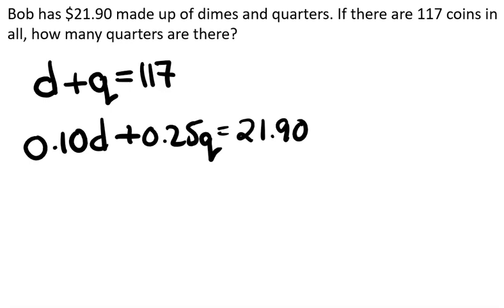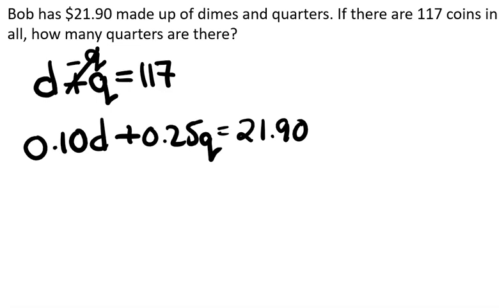Now, let's look back at the first equation. We can rearrange the first equation to get the value of D, or Q. Let's get the value of D by moving Q onto the other side of the equation. To do that, we have to subtract Q, and so these two will cancel out.